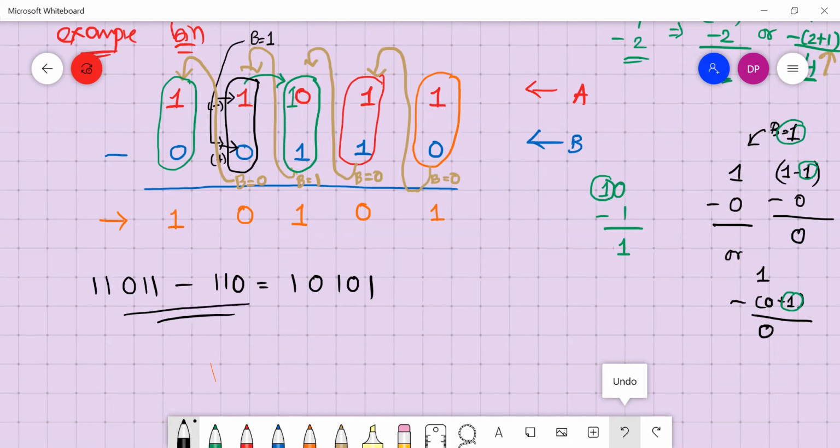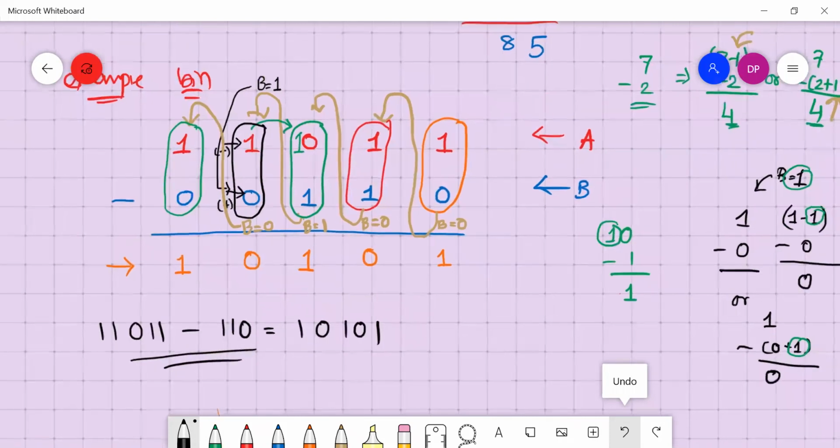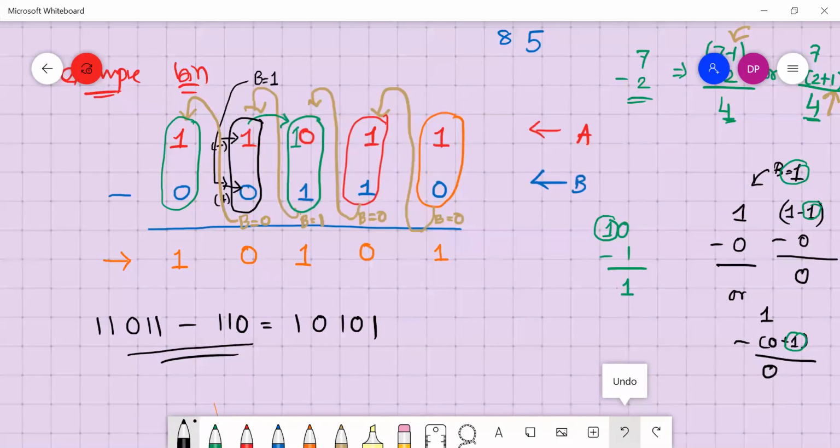So from this example, we will learn what is full subtractor. Full subtractor will subtract two single bit binary values, but it will take previous borrow into account. If previous borrow is 0, subtraction as it is, the normal process.